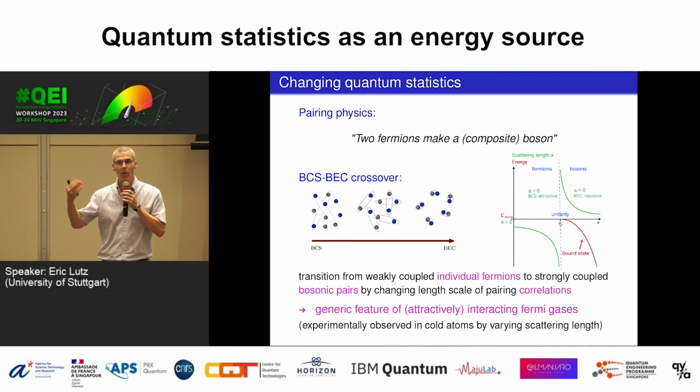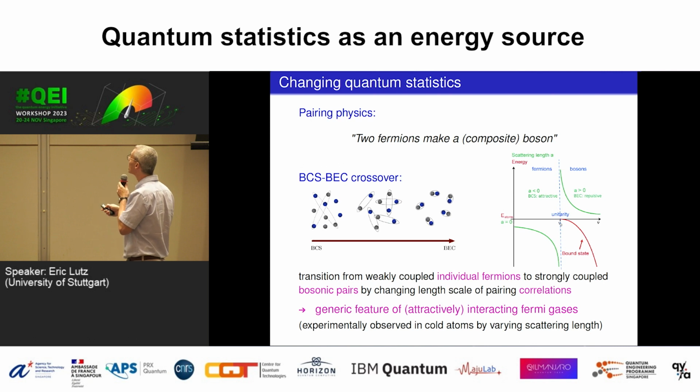So basically, you play with the Zeeman effect by applying some magnetic field. What you see down here is the bosonic side, where the scattering length a is positive, so that's the BEC side. On the other side, on the left-hand side, you have the fermionic side, where the scattering length is negative, so that's the BCS side.